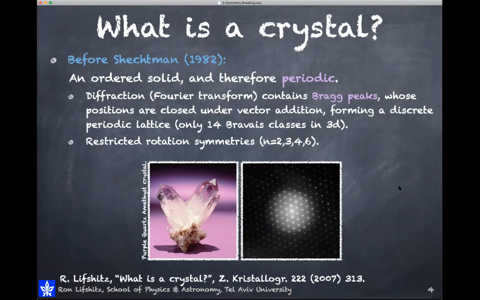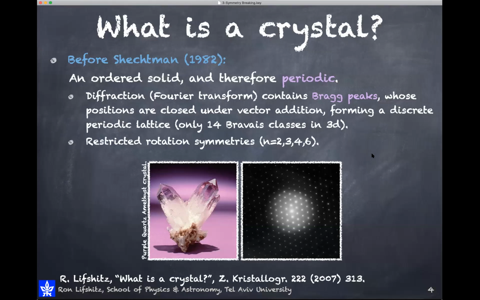then the diffraction, which is actually the Fourier spectra of the material, or the density function of the material, contains pure points, contains Bragg peaks or delta functions, whose positions are closed under vector addition. And in the case of periodic crystals, they form a discrete periodic lattice.